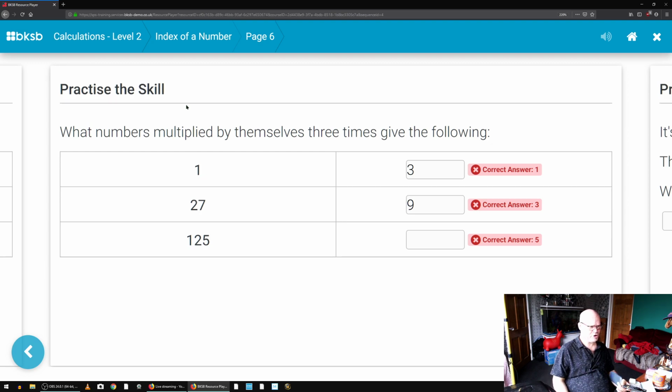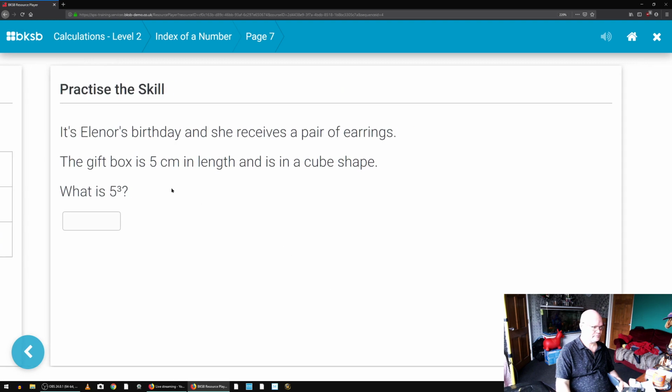What number gives the cube root of 125? That would be more sensible, like 5 times 5 times 5. Well, that's 5 times 5 times 5. We just had that on the last one, wasn't it? 5 cubed.